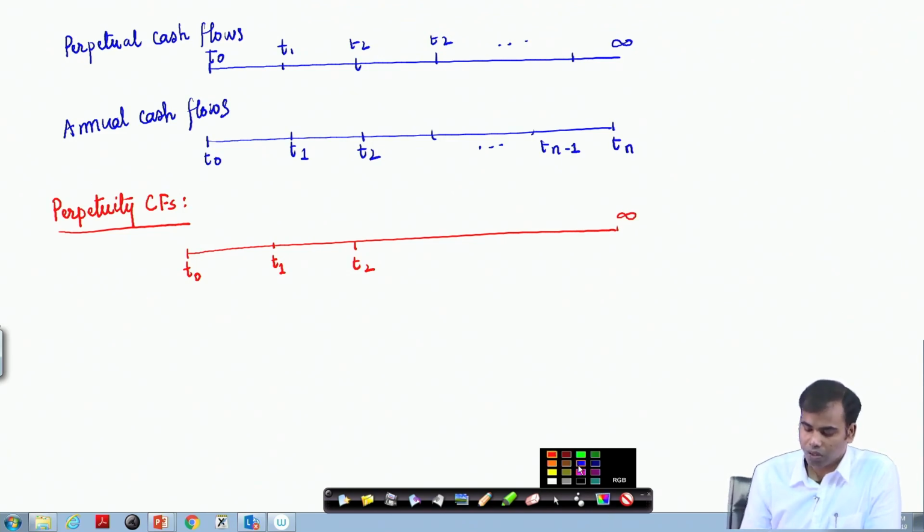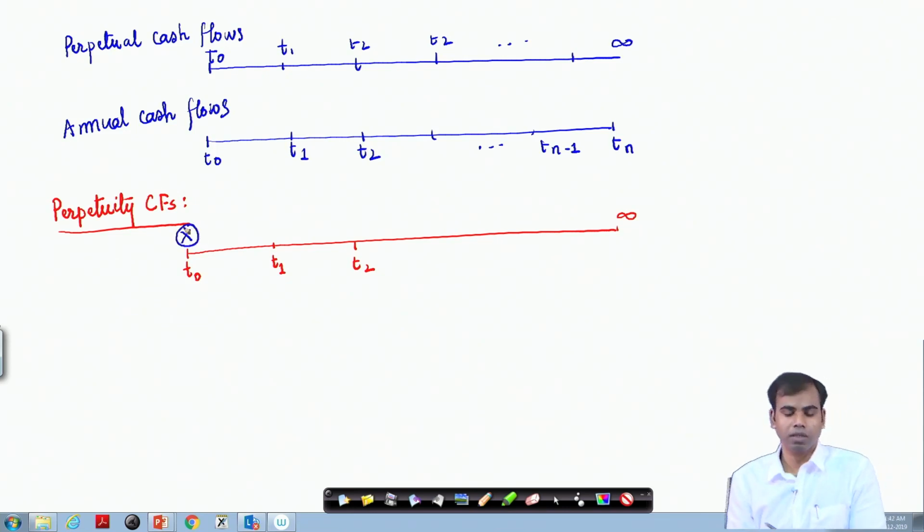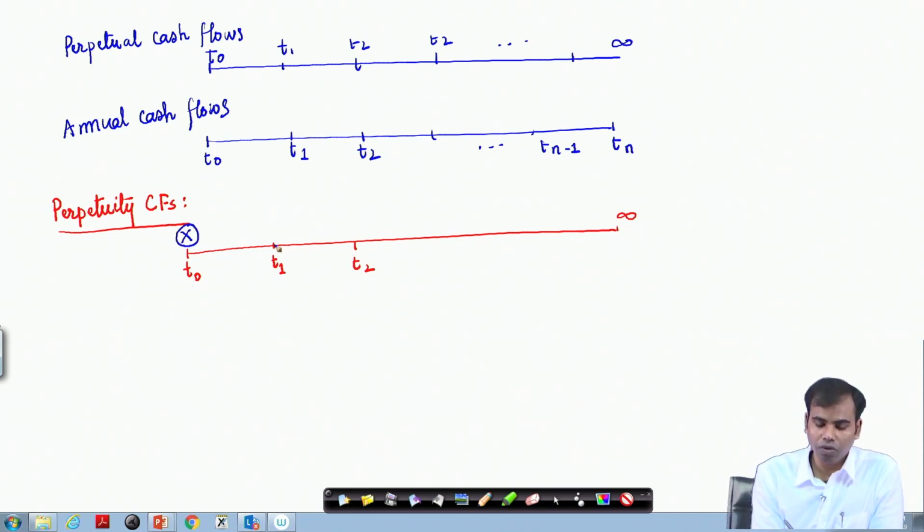So, the example I am trying to give here is I want to invest an amount of money, let us say rupees x, and I want to get a cash flow every year in future, where every cash flow is the same.